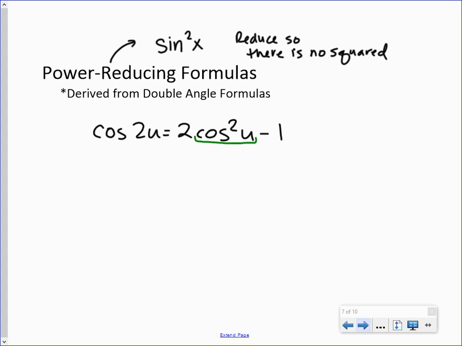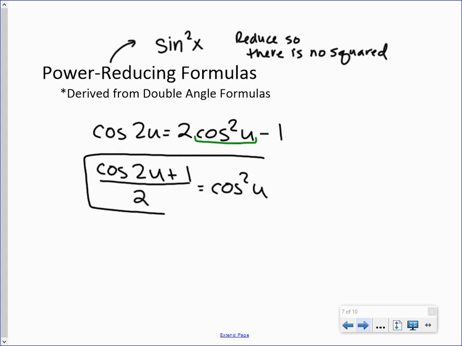So I would add 1, cosine 2u plus 1, and then I would have to divide by 2. So that's equal to cosine squared u.